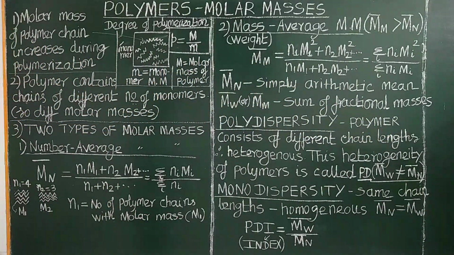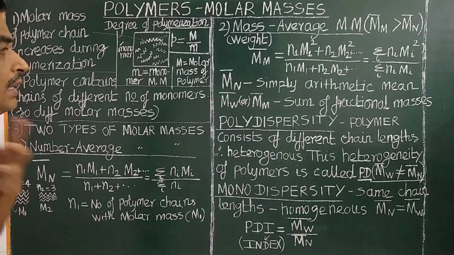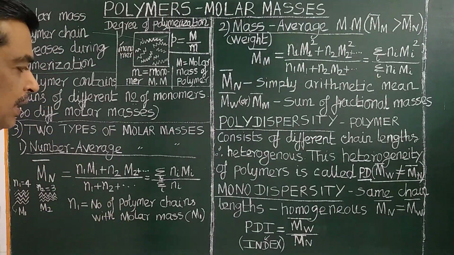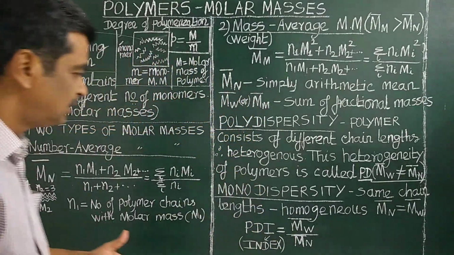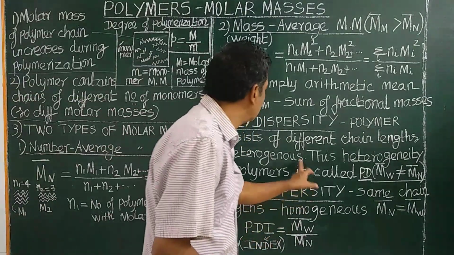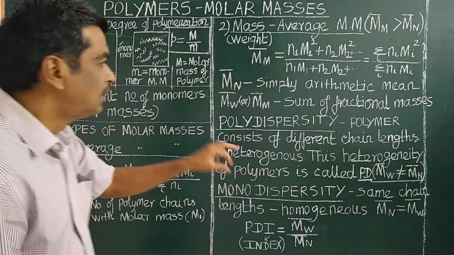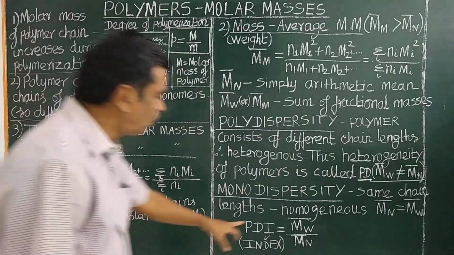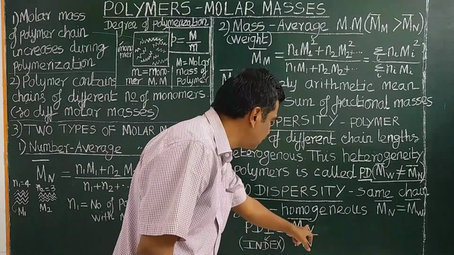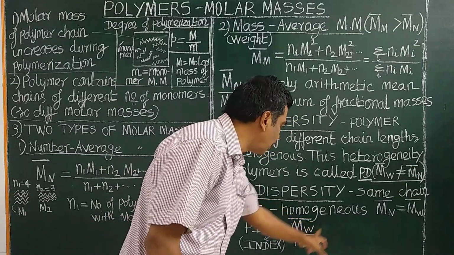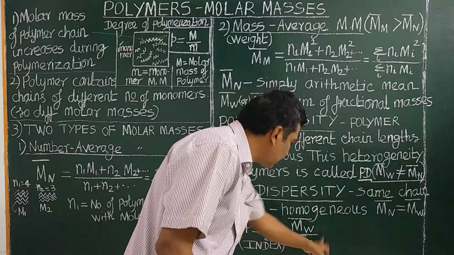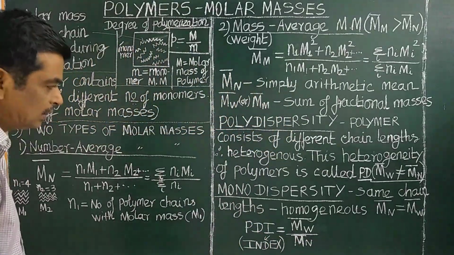Now, how is the polydispersity measured? Polydispersity is measured in the form of polydispersity index, PDI. It is a measure of heterogeneity in the polymer sample. It is equal to the ratio of the weight average molar mass of polymer to the number average molar mass of the polymer. Okay.